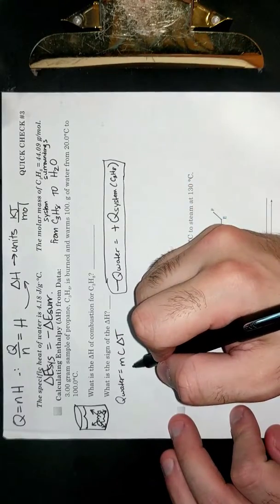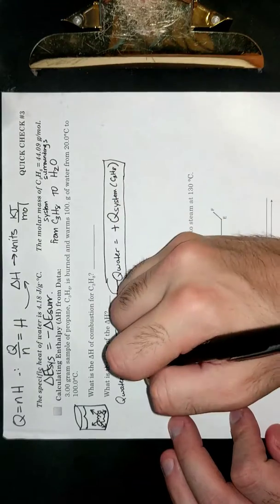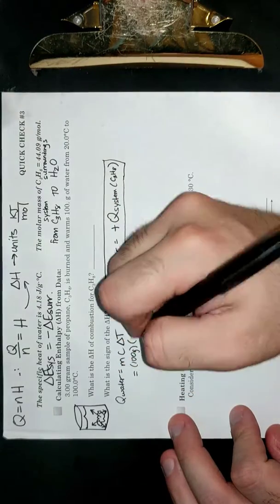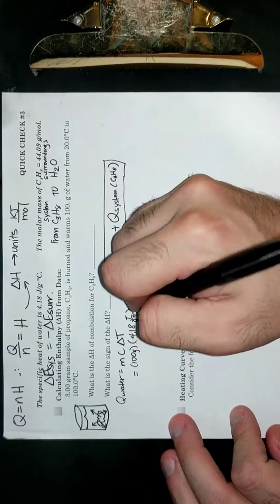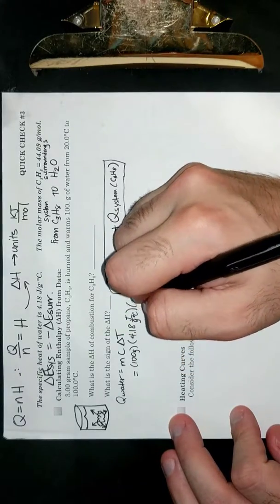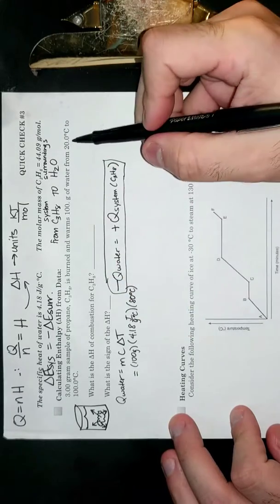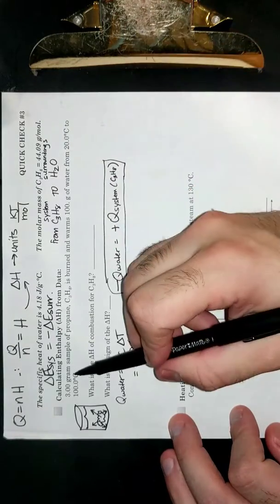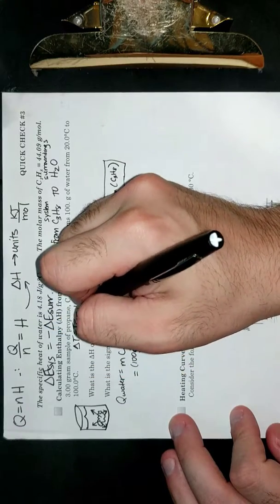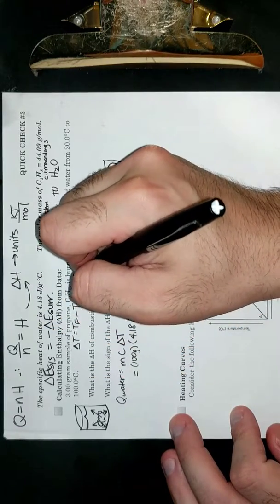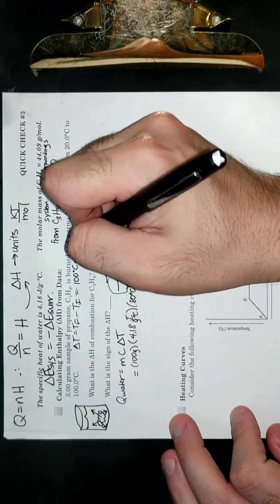So if I want to calculate this, I know my M for the water is 100 grams. My specific heat of the water is 4.18 joules per gram degrees Celsius, and the change in temperature of the water is 80 degrees Celsius because it goes from 20 to 100. And remember, delta T is equal to T final minus T initial. That's 100 degrees Celsius minus 20 degrees Celsius, which is 80 degrees Celsius.